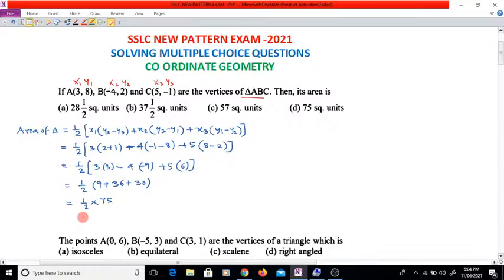So this can be written as 2 1s are 2, 3 6s, 1 carry, 7 5s are 37 and 1 left. So this is 37 and 1/2. So what is the answer for this one? The answer is option B, 37 1/2 square units.